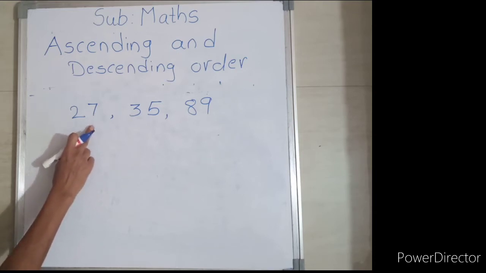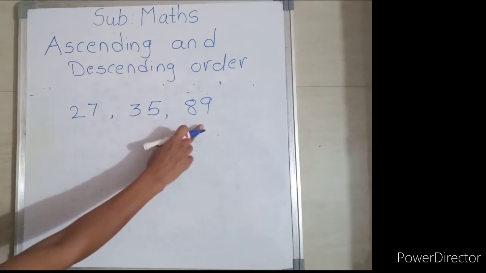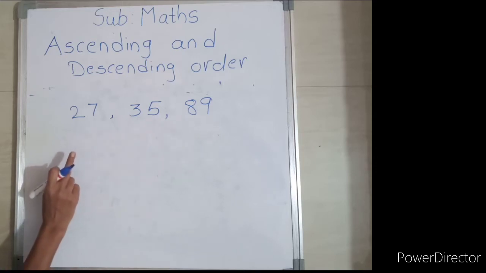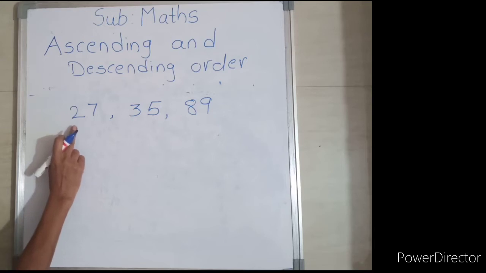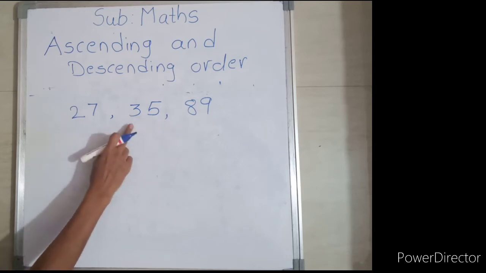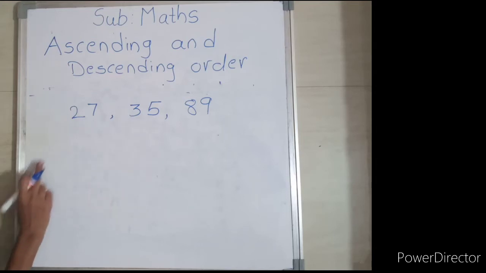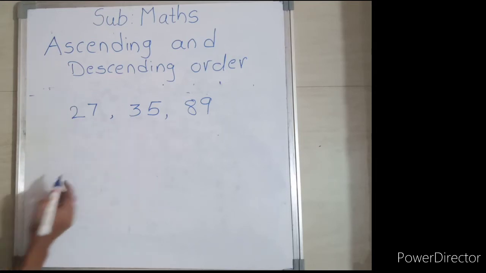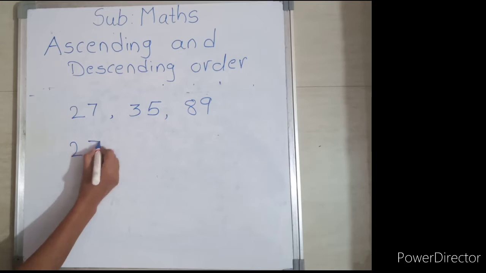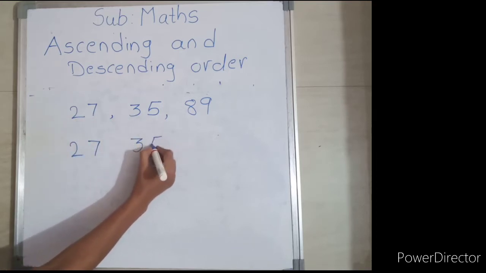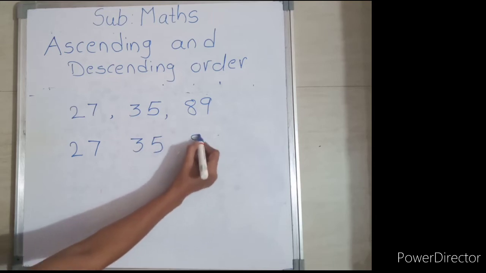So here ones place 7, here 5, here 9. So by comparing this we have to find out. First we will see the tens place. Here is 2, here is 3, here is 8. So which one is small? 2 is small in this. So here 27, then after that 35, and after that 89.